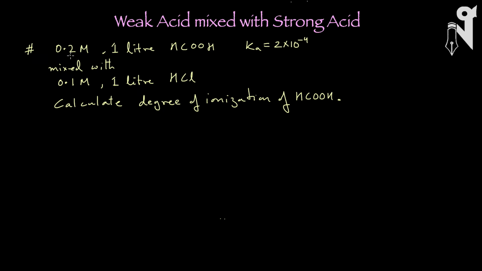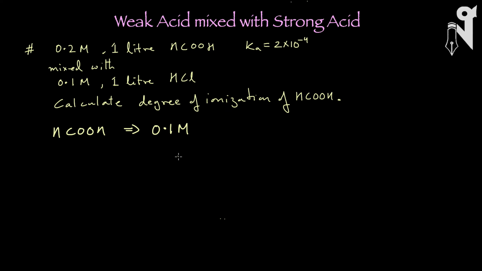When 1 more liter of HCl is mixed, we'll assume that the total volume has become 2 liters, and the number of moles is still 0.2 in 2 liters. So the molarity of formic acid would have become how much? It would have become 0.1 molar, right?